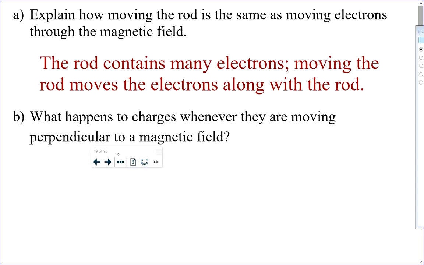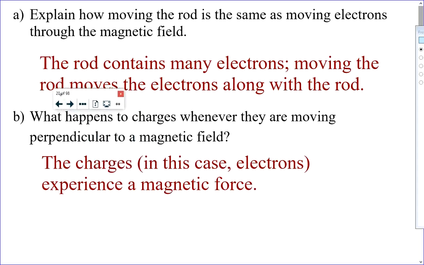What happens to charges whenever they're moving in a magnetic field? Let's take a look at this in terms of the motor effect. When you have a charge moving in a magnetic field, the charge experiences a force. And again, this is very subtly difficult.